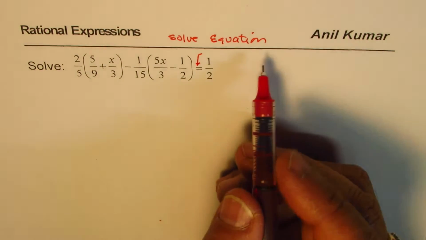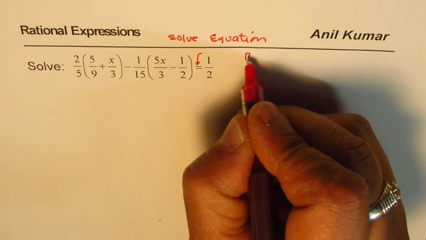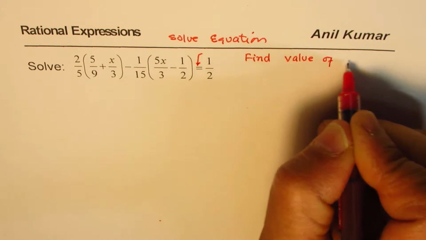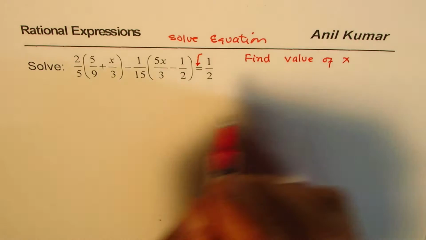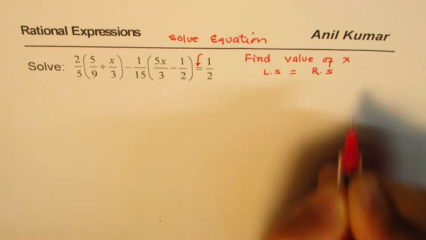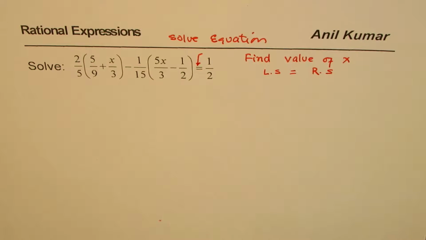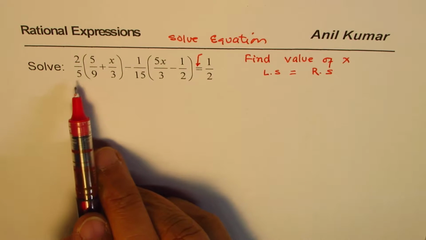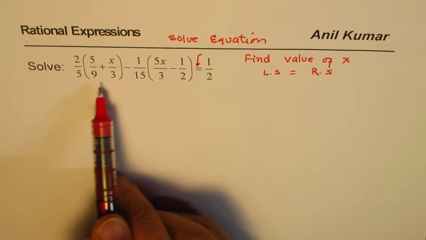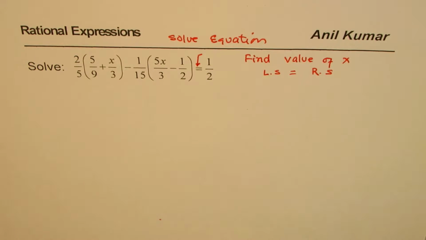Now solve means what? Solve means find the value of x so that left side is equal to right side. That is what in general we mean solve. Now when we have a lot of fraction type things which we are saying rational expressions with different denominators, what is the strategy to solve such an equation?